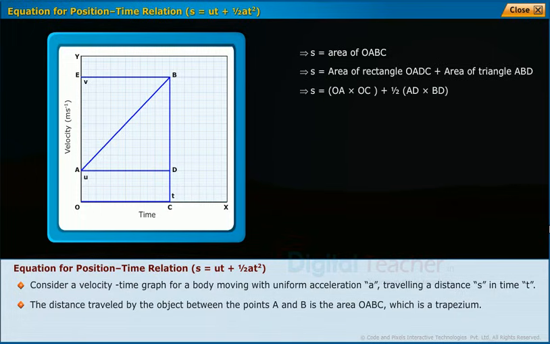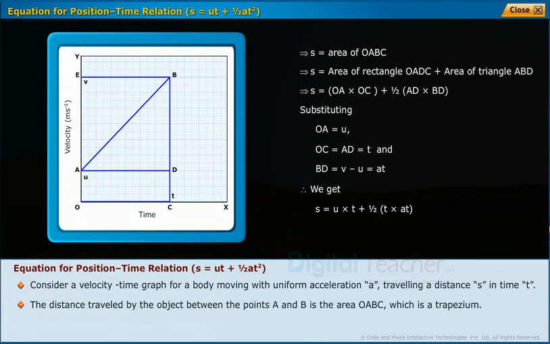That implies S equals OA into OC plus half into AD into BD. Substituting OA equals U, OC equals AD equals T, and BD equals V minus U, which equals AT, we get S equals U into T plus half into T into AT. That implies S equals UT plus half AT square.